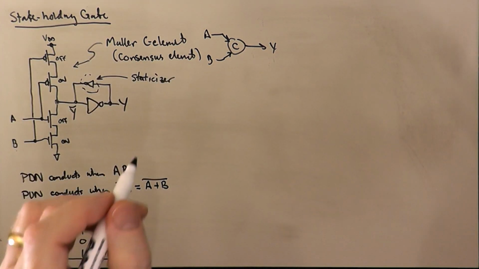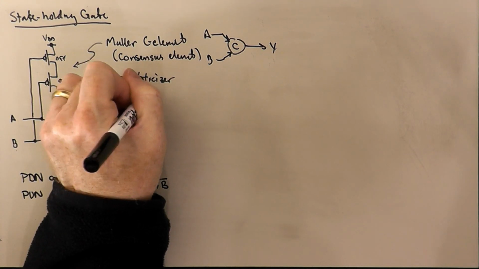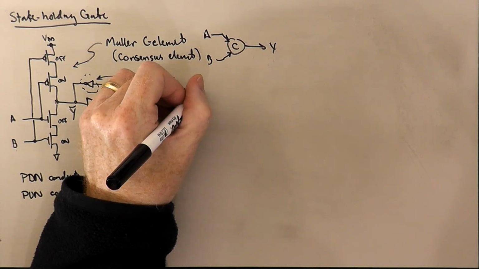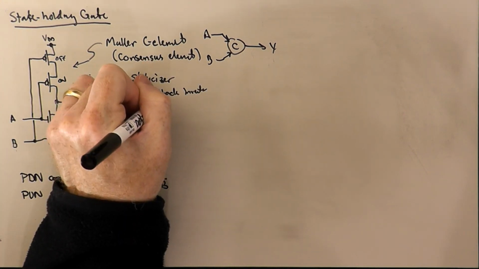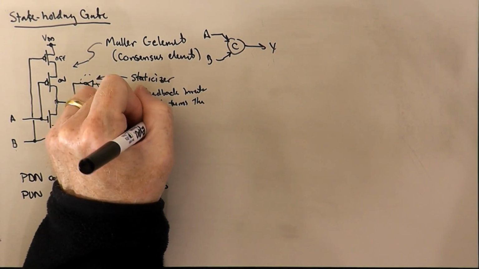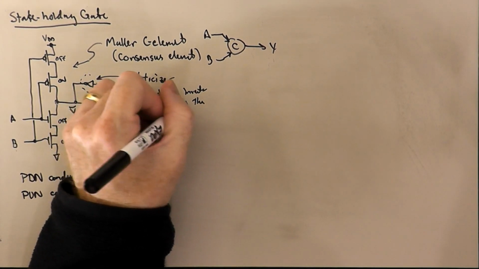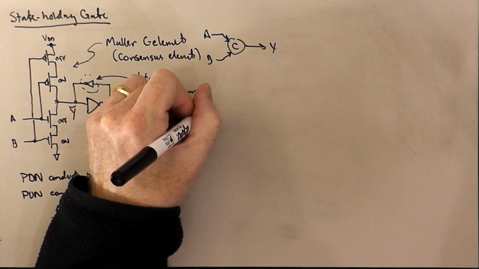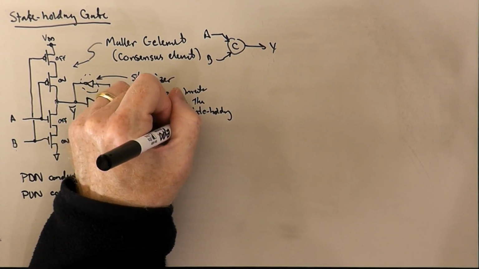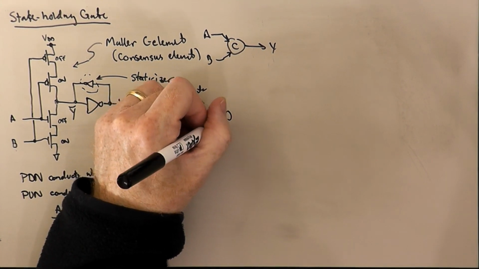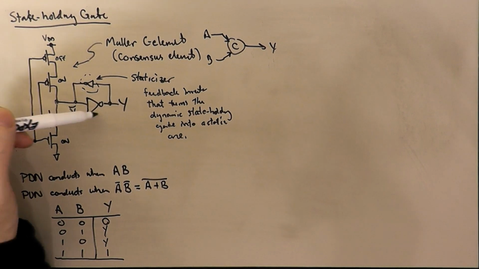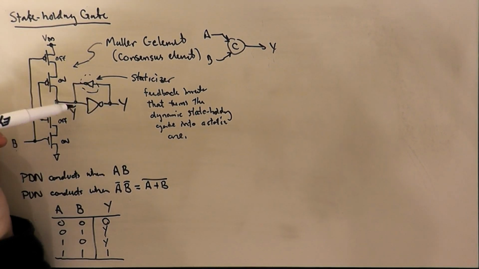And its job is basically a feedback, so this is a feedback inverter that turns the dynamic state holding gate into a static one. So we basically have made a bistable element here by adding this extra little feedback inverter.